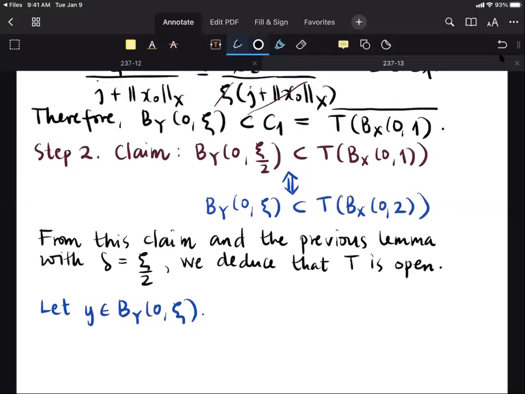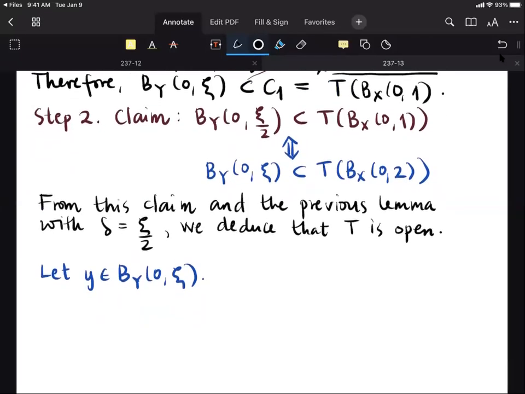According to this first step, stated here, so from step 1, y must be in this closed unit ball, or the closure of the image of the open unit ball.